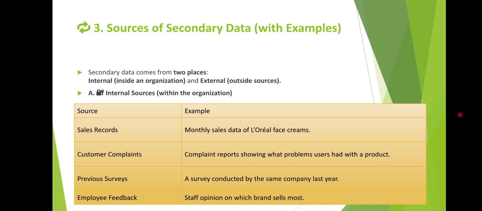And the fourth source we have employee feedback. For example, staff opinion on which brand sell most. So these are the internal sources, and you can say within the organization you can collect the data.